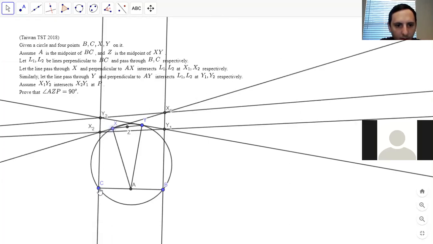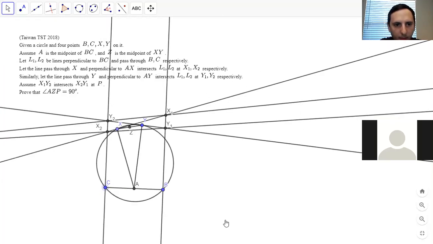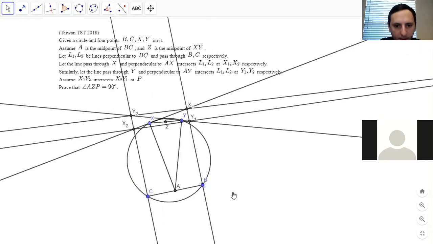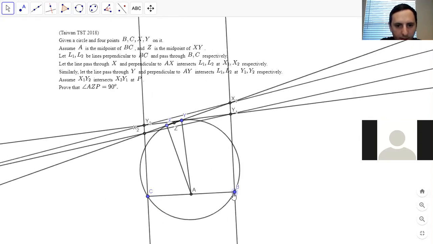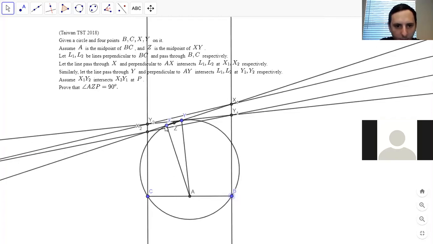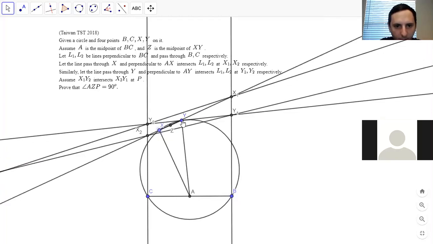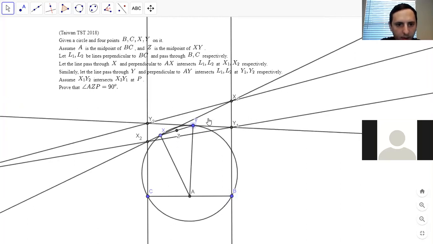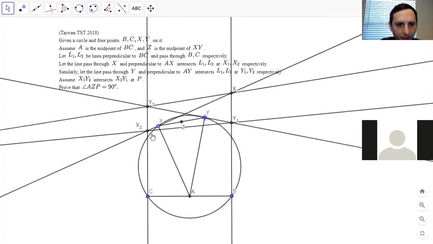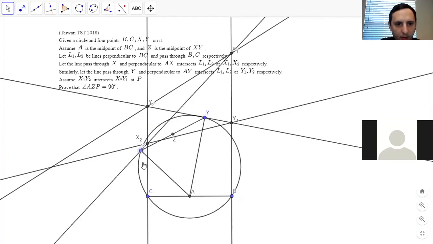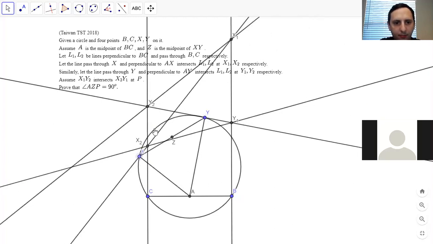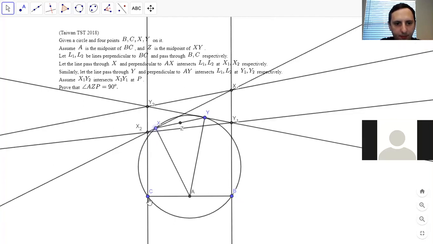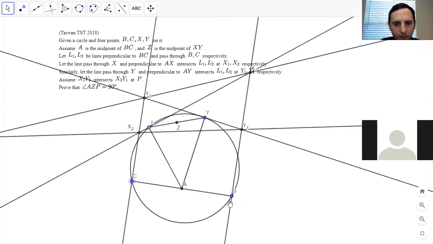Okay. So let me move stuff around a little bit, maybe move B and C a little bit to the right. And X and Y, let me try to find a good way to do that so that you can see these lines intersect.